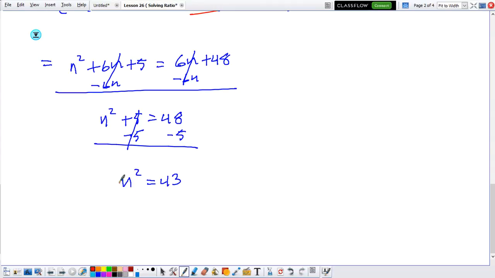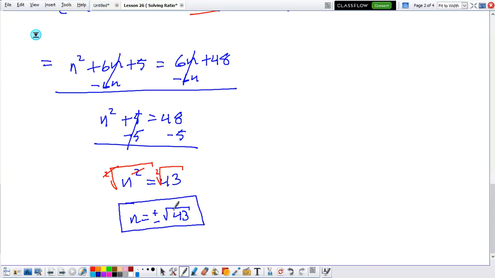The opposite of an exponent is a root. So if you want to cancel out the second exponent, you need to take the square root to both sides. This way, the square root will cancel out. And now you will have that n is equal to plus or minus square root of 43. 43 is not a perfect square, so we're going to leave our answer like this.